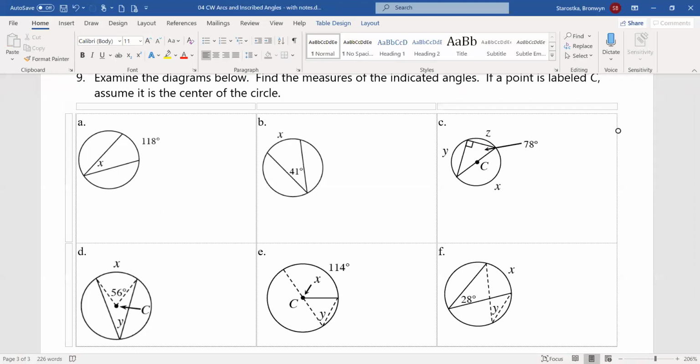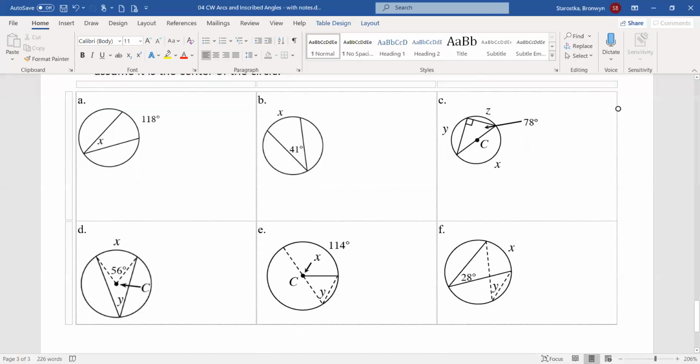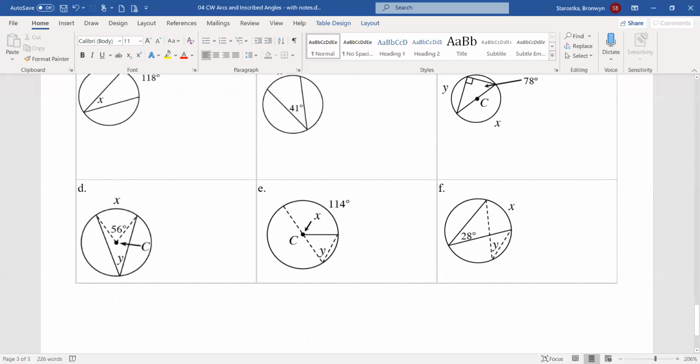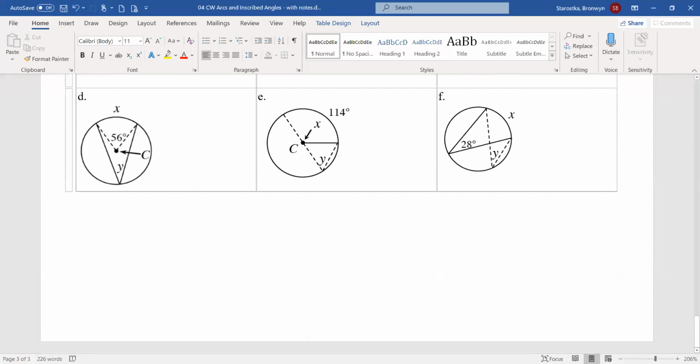So I'm actually going to just leave these, and when I scan the key for you, they'll be there. Let me just go ahead and write the answers down here. So for A, let's see if it lets me. No, it's not going to let me. All right, another, there we go.